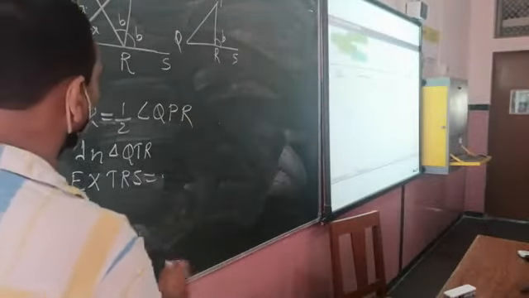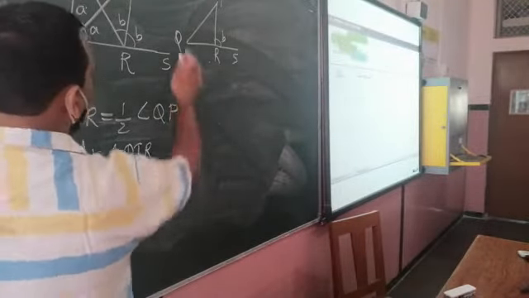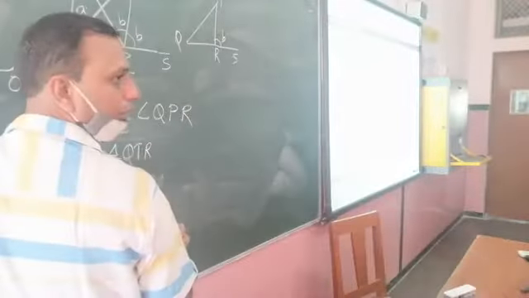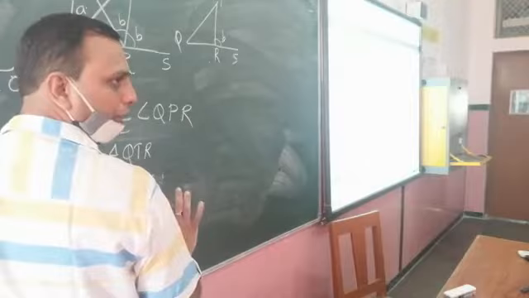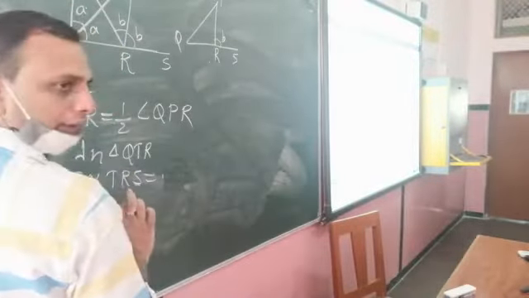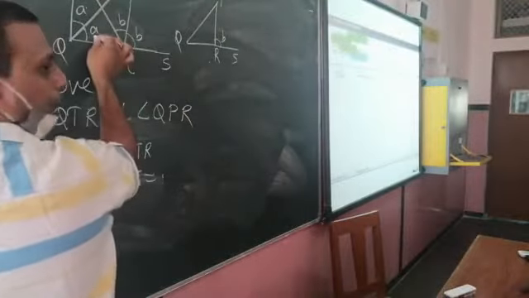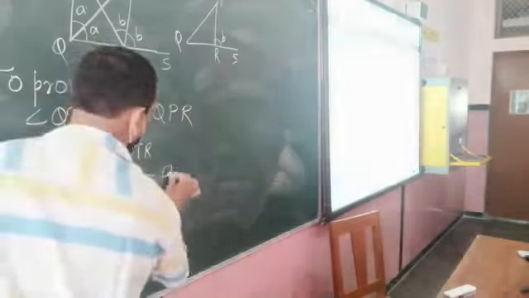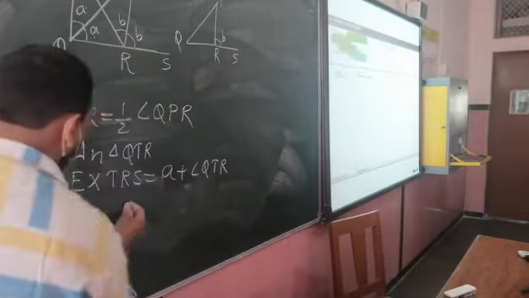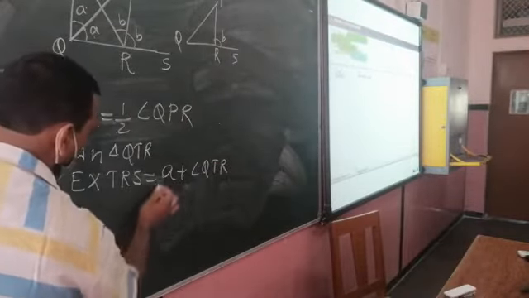What is the name of T? QTR. Yes or no? Yes. And what is the name of Q? TQR. So in place of TQR can I write angle A? Right. A plus QTR.